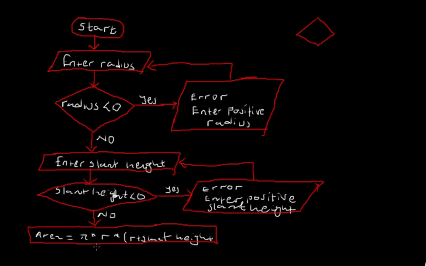So we display area, so this is an arrow. I'm going to have area, and since it's output, we will have something like this.